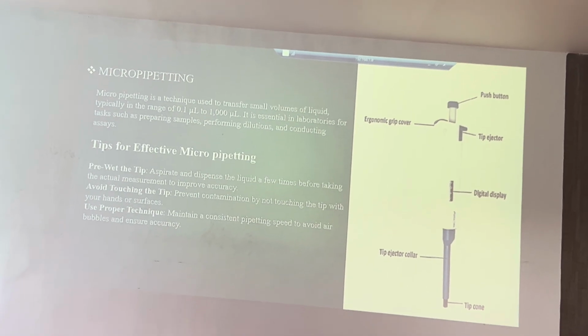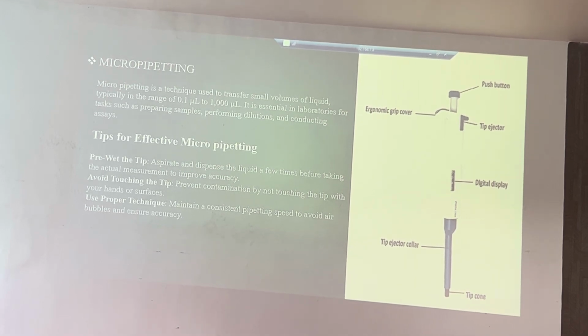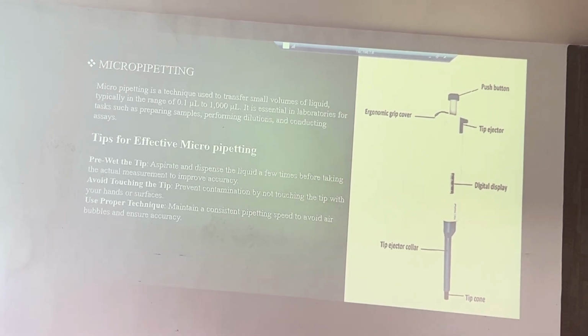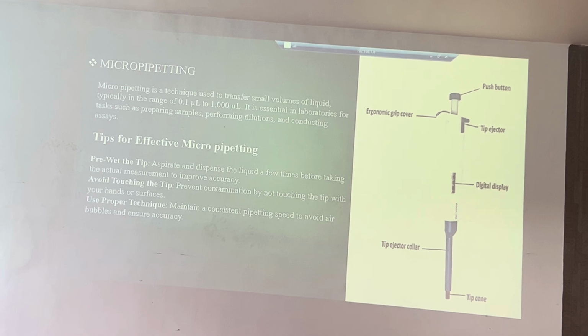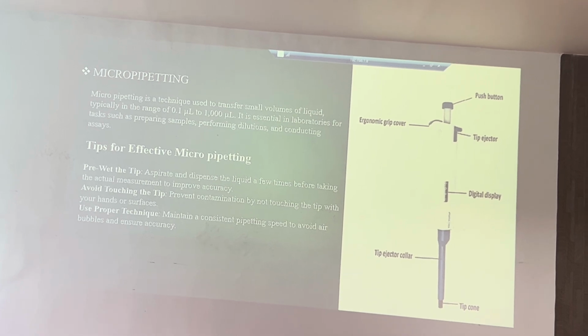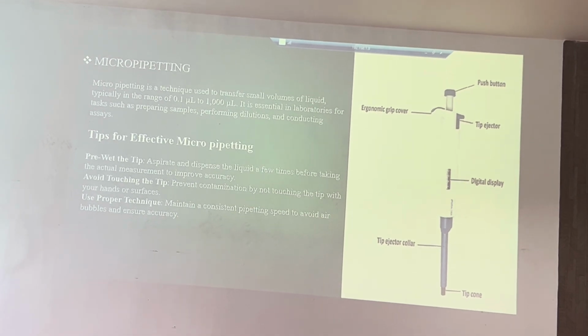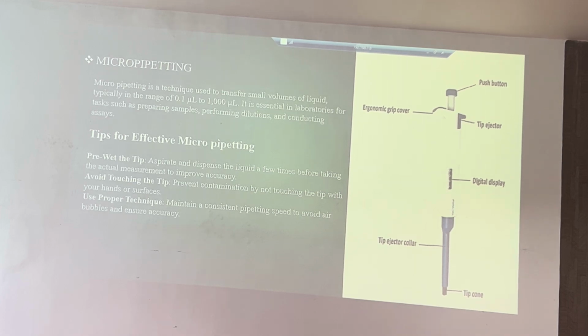One, always use a fresh tip, and it should not be touched with bare hands, as there may be a possibility of cross contamination. And second, there is a push button; whenever you are taking the micropipette volume, the push button should always be used in a consistent manner.